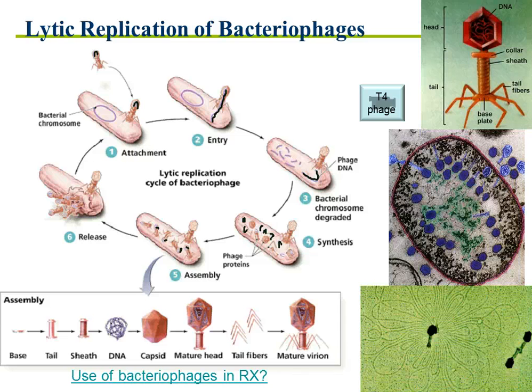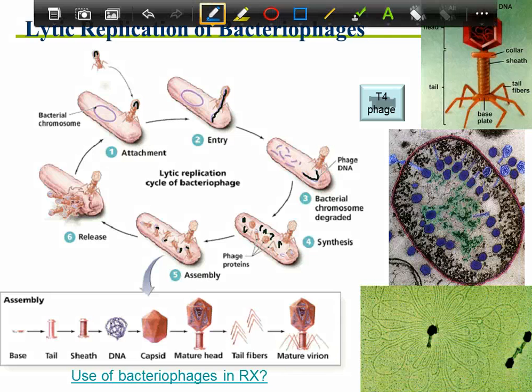They have a really good short animation on the T4 phage. It's one of the main viruses of E. coli. So, you see here the attachment stage right there, then the entry of the nucleic acid.